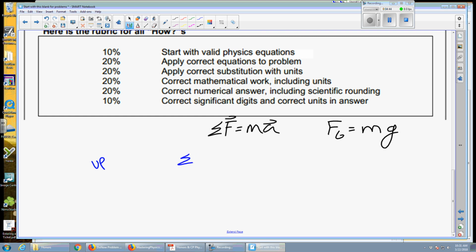So I start with Newton's second law. I have 2 forces. Which direction should we call positive? Up. Just by convention, we'll call up positive. Okay. So I have a positive force normal minus a force gravitational equals m times a positive a.